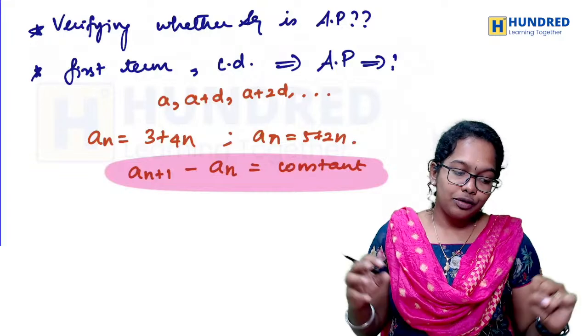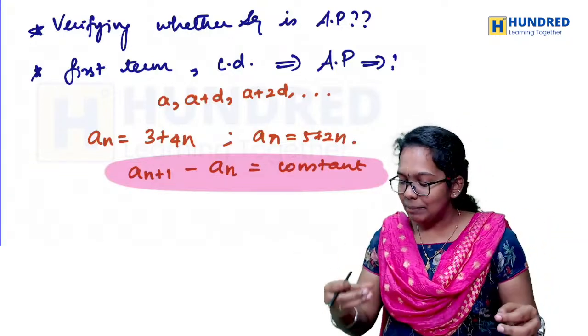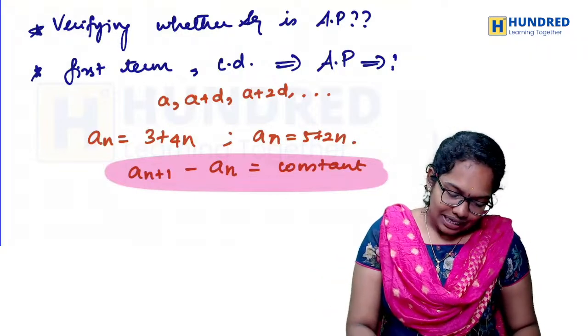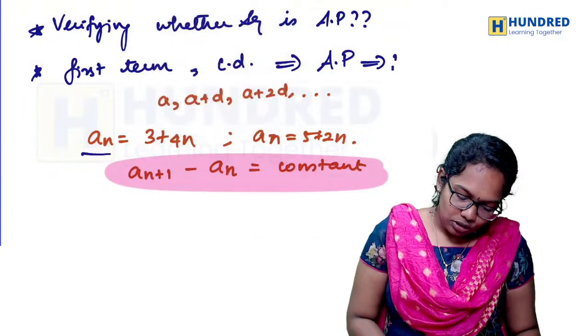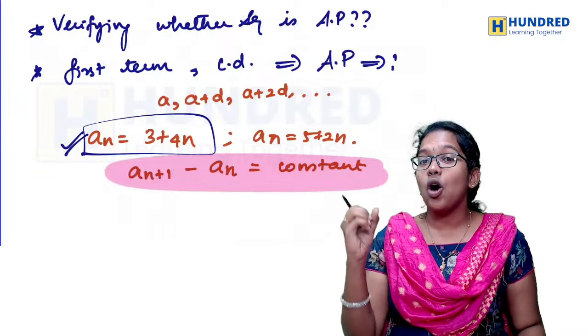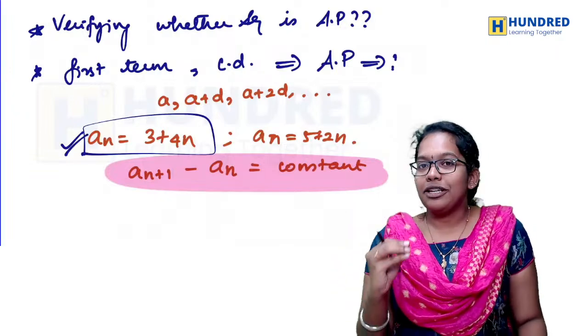In which of the following, ஒரு situation கொடுத்துட்டு அந்த situation வச்சு we have to develop the sequence. Okay, so normally ஒரு general term கொடுத்துட்டு, nth term of an AP னு சொல்லலாம், or we can say it as general term or nth term of an AP. கரெக்ட்டா?